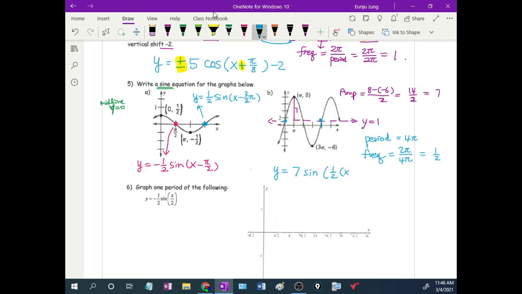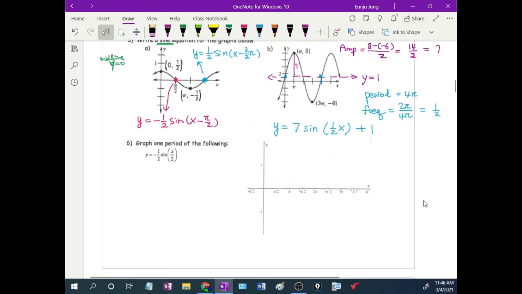There's no translation left to right, so that will be 1/2 x. And bring this up 1 unit, so +1. That's the equation. On your homework problems, you need to graph and write the equations. So practice this, okay?